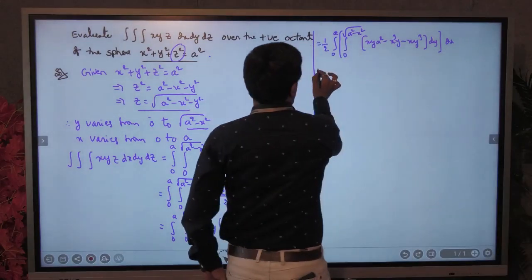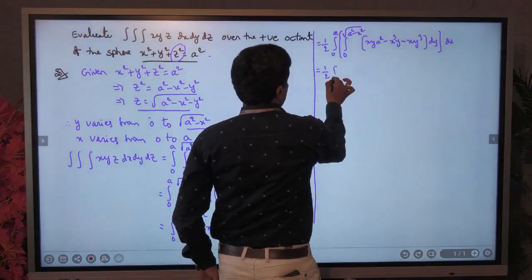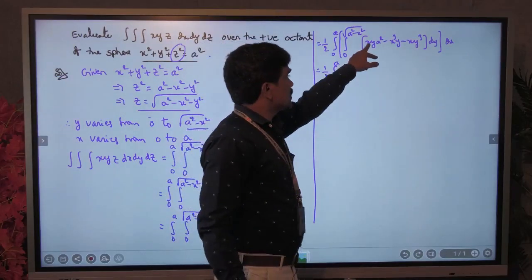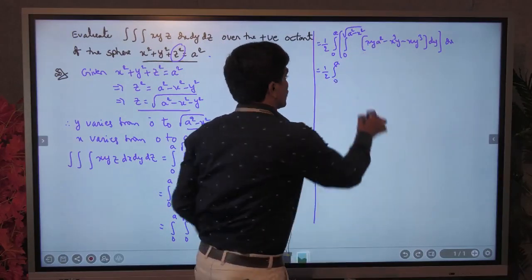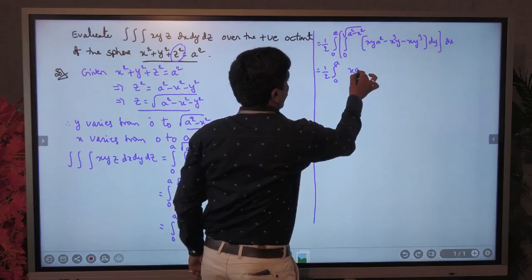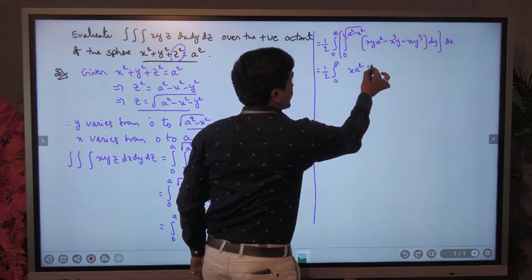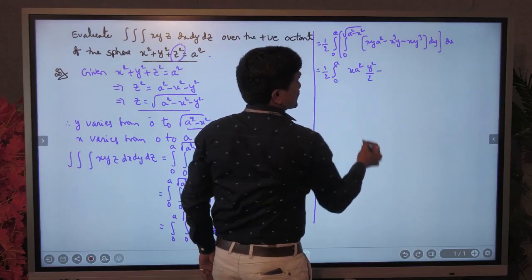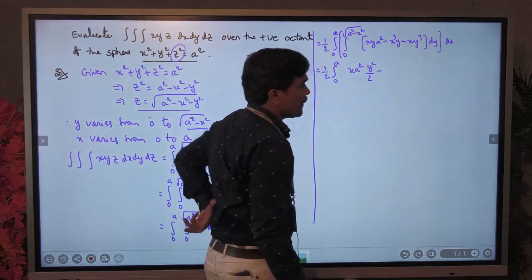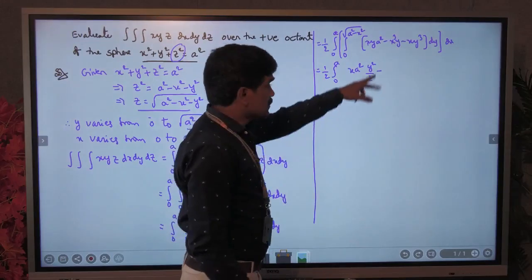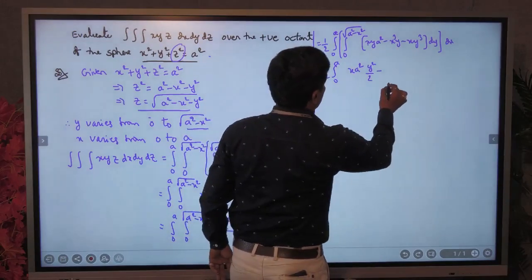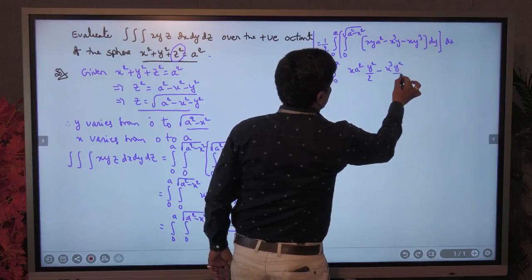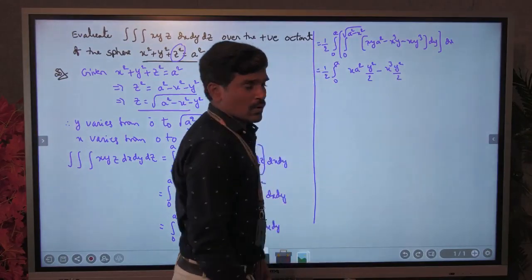Then here 1 by 2 integral 0 to a with respect to y. What is constant here? x a square is constant. Now y integration is y square by 2, minus here x cube constant, y integration is y square by 2.